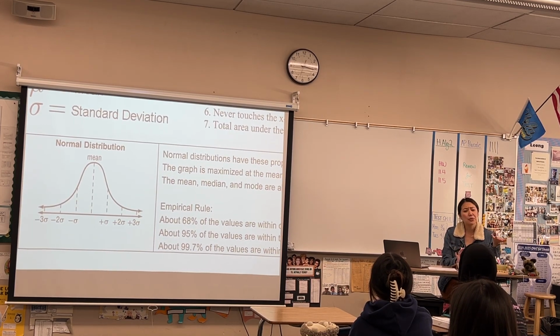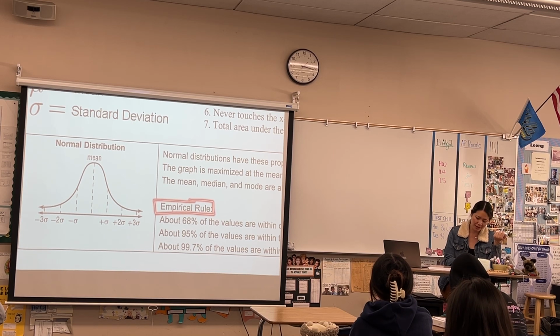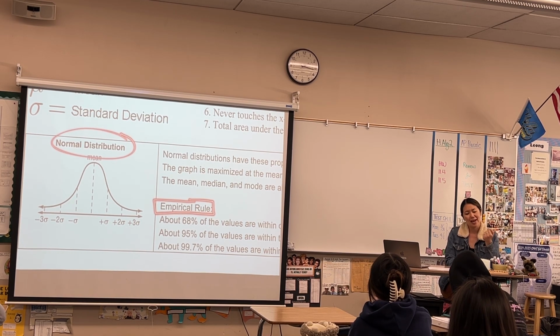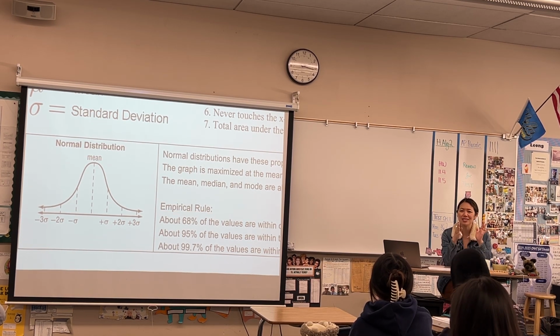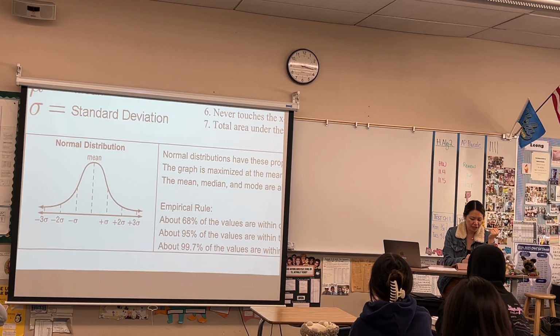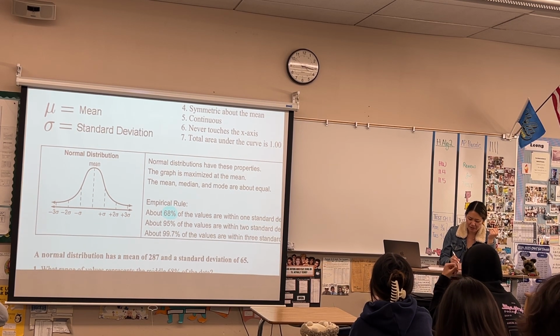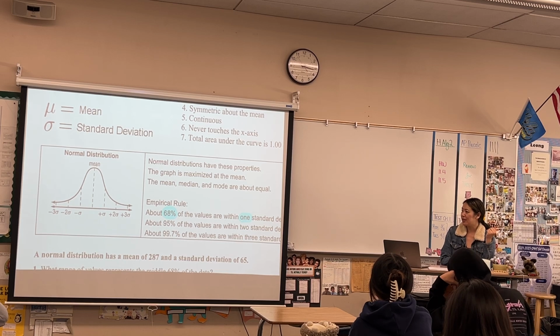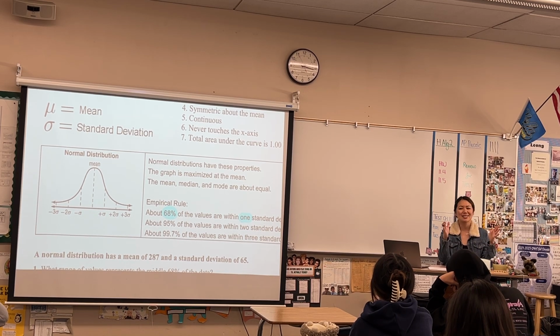One of the things I want you to note is this empirical rule when it comes to the normal distribution. The empirical rule tells you what percent of the data is within these lines. So the first one is the 68%. 68% of values are within 1 standard deviation from the mean.